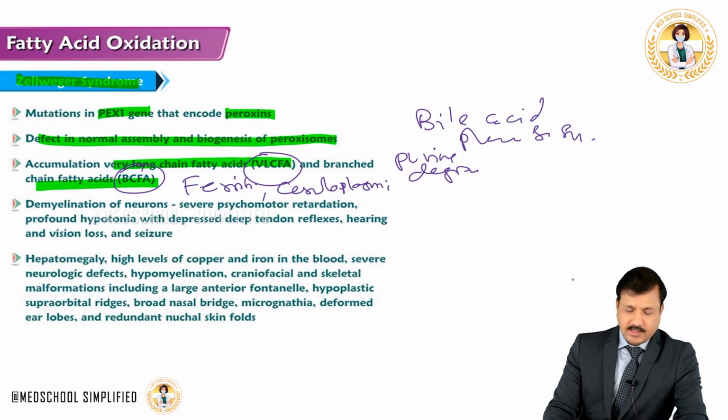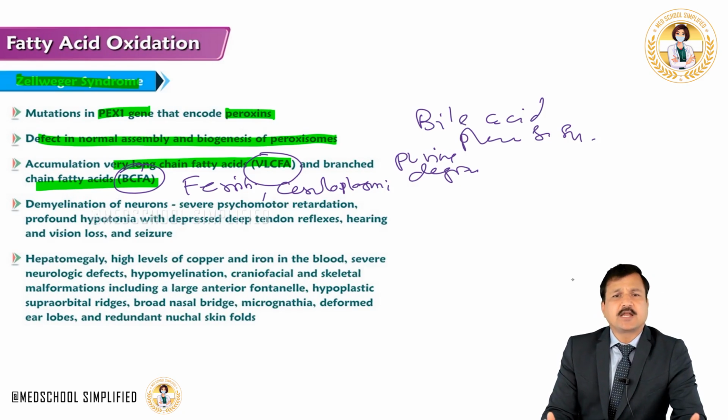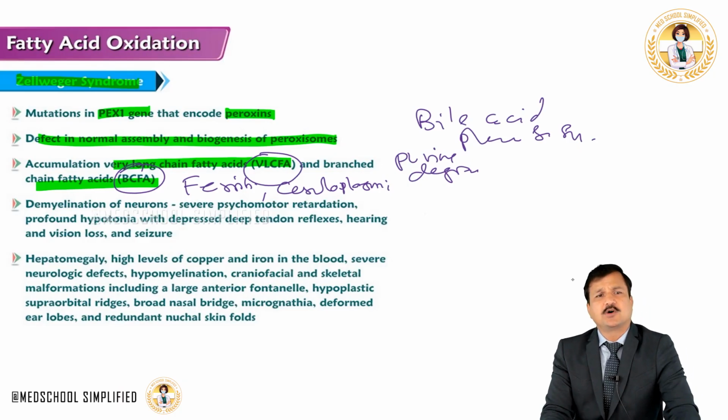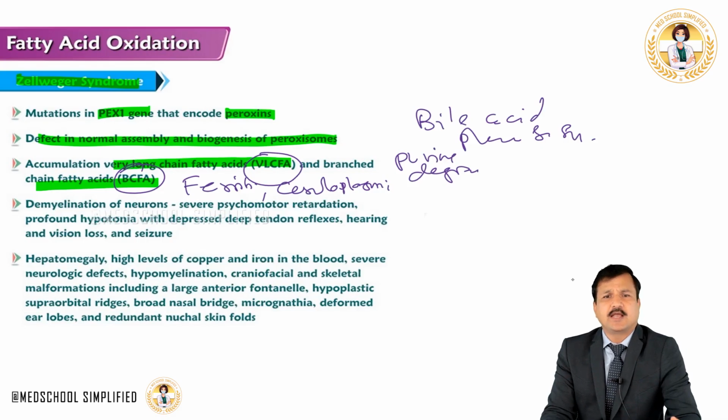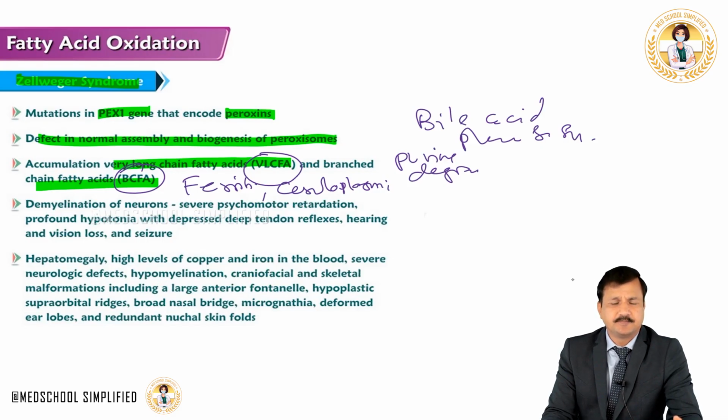So all these are the functions of peroxisome. There is a catabolic function and also an anabolic function. So when peroxisomes are defective here, both catabolic and anabolic functions are affected.